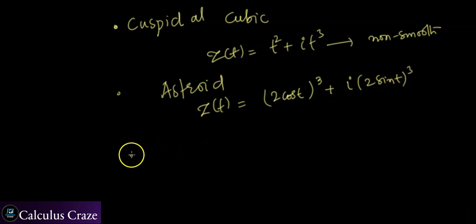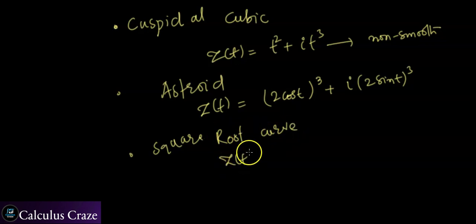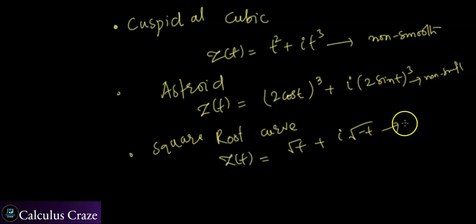And you can also have the square root curve defined by z of t equals square root of t plus iota times square root of minus t, and you can have the step function curve and the absolute value curve. All of these curves are going to be non-smooth. So these are some of the examples of the curves which are not smooth.